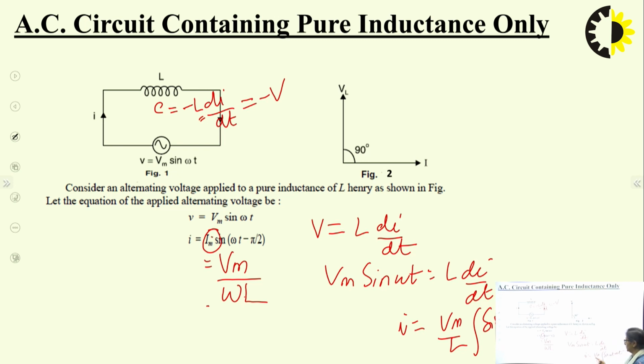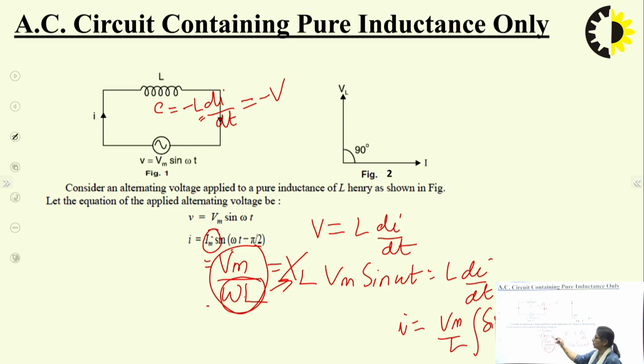When I do this, this omega will come over here, Vm by omega L. What is XL? This is the inductive reactance of the inductor, omega L, which is 2 pi FL. So Vm by omega L gives me the maximum current Im, sine (omega t minus pi by 2).